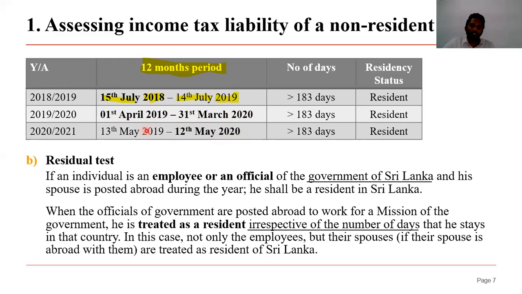Then May 15, 2019 is the date we can go back. We need to decide how, May 12 to May 13.